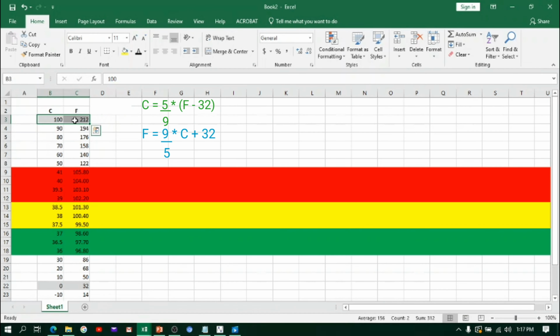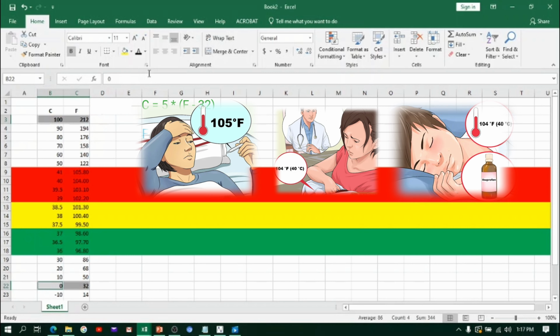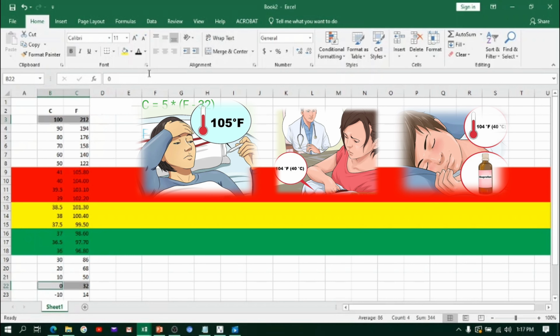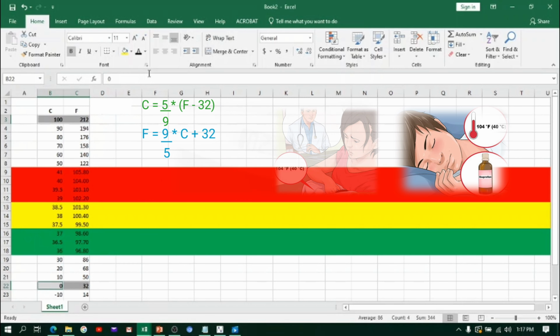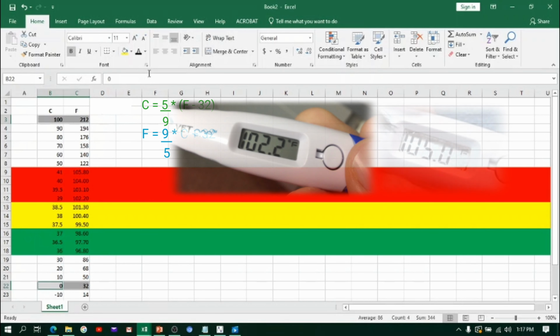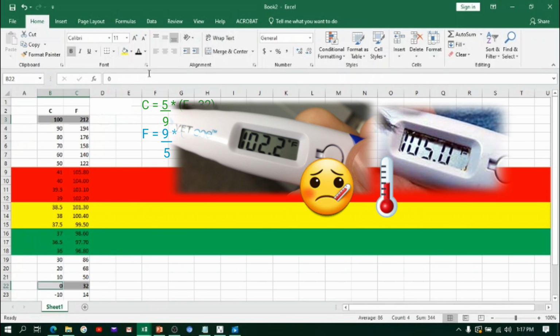The critical ones are highlighted in red, starting from 39 to 41. This range in Fahrenheit is from 102 to 105. So we should be alarmed once we get a clinical thermometer record ranging from 102 to 105.